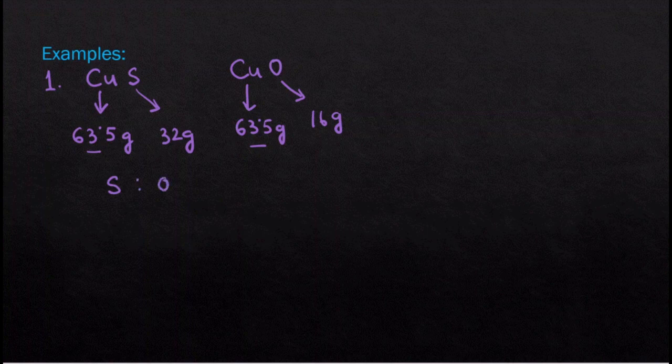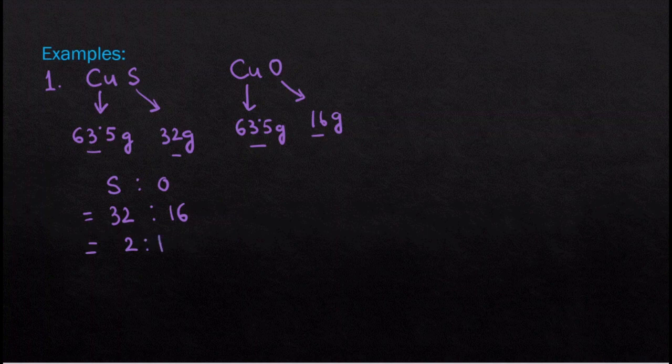So let's check their ratio of masses. Here it is 32 coming from here, and here it is 16 coming from this compound. And the ratio, upon simplification, is 2:1.